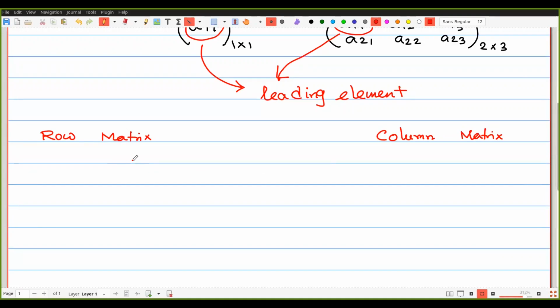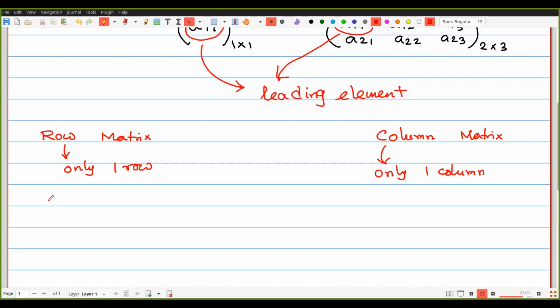The name row matrix suggests that it has only one row. The matrix which has only one row is called a row matrix. Same as when in a matrix only one column is present, whatever be the number of rows, that matrix is called a column matrix.